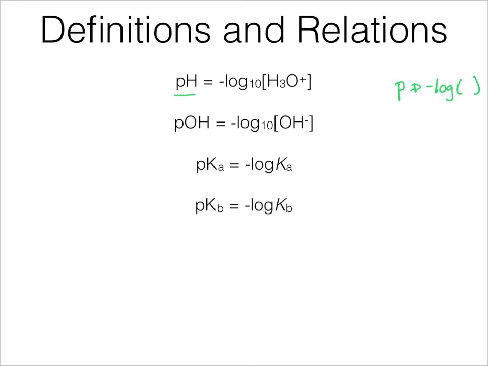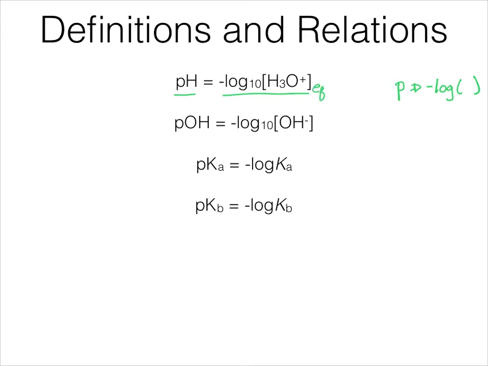And so one of these is pH, and pH is defined as negative log, and these logs are always base 10. It's negative log of the concentration of the H3O plus at equilibrium.